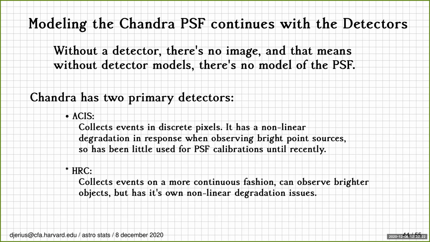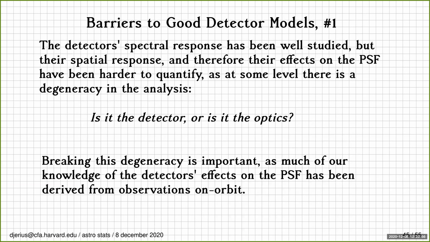But it has problems when it looks at bright sources, so we cannot use it to calibrate the PSF very well, because most of the sources you look at with Chandra that are point sources are fairly bright, and so we can't use those observations. And if we look at a lot of faint sources, that means we have to take an awful lot of calibration time. Instead, we've been using the HRC, which has a different way of detecting photons. It can observe brighter objects, but it has its own nonlinear degradation issues that we have to contend with.